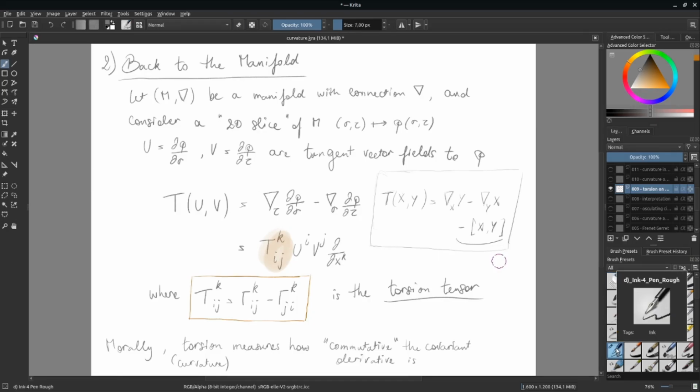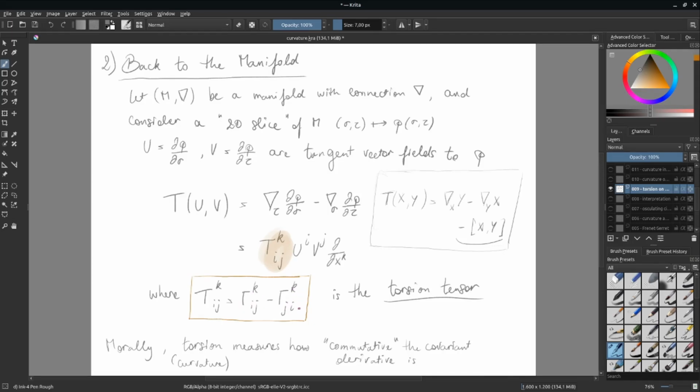But anyway, keep in mind that you have this thread of swapping the order of arguments. If we have a coordinate system, we can express this tensor. In fact, it is a tensor, T^k_ij. It turns out that the coordinates are very simple. They're simply given by my connection coefficients, so gamma^k_ij minus gamma^k_ji.